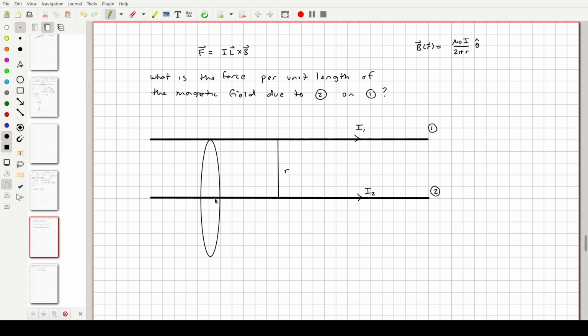And in terms of direction, there's an easy way of figuring it out. If you put your thumb in the direction of I2 and wrap your fingers around towards your palm, the way that they wrap tells you the direction of the magnetic field. So behind, it goes around here, it goes around like this.